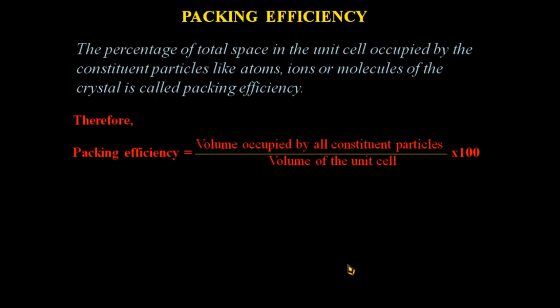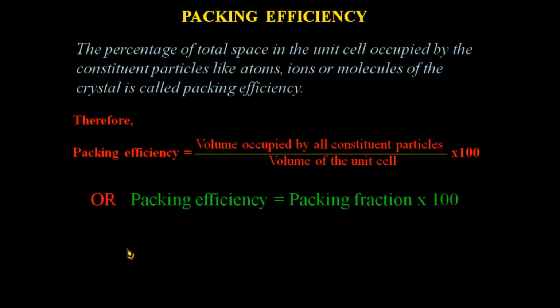Packing efficiency is nothing but the packing fraction, but as it is in percentage, we calculate it by multiplying the packing fraction by 100. So the formula for packing efficiency is the volume occupied by all constituent particles divided by the volume of the unit cell, multiplied by 100. Or packing efficiency is equal to packing fraction multiplied by 100.